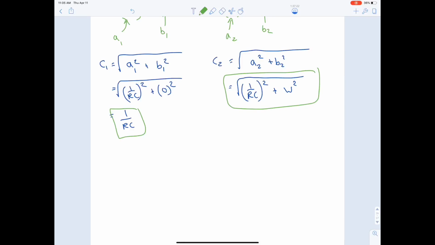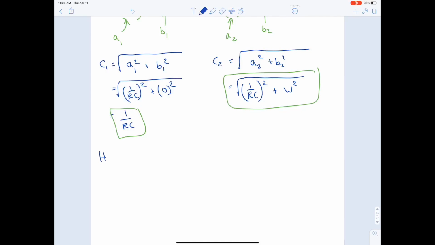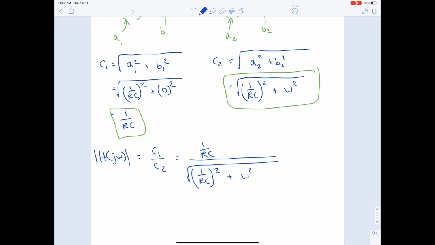The magnitude is C1 divided by C2, which is equal to 1 over RC divided by the square root of 1 over RC squared plus omega squared. Okay, that's the magnitude.